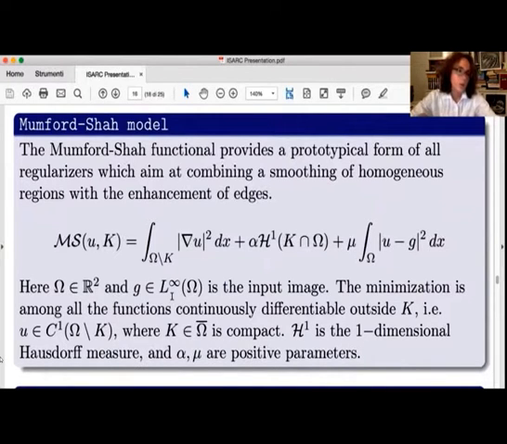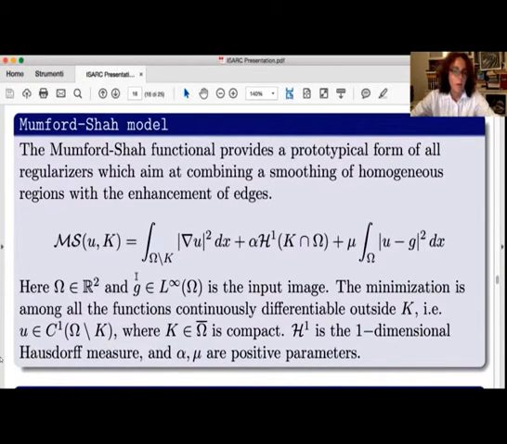Actually, we cannot use other techniques such as a total variation, because this technique, even though are very efficient from the mathematical point of view, they corrupted the edges, so cannot be used.